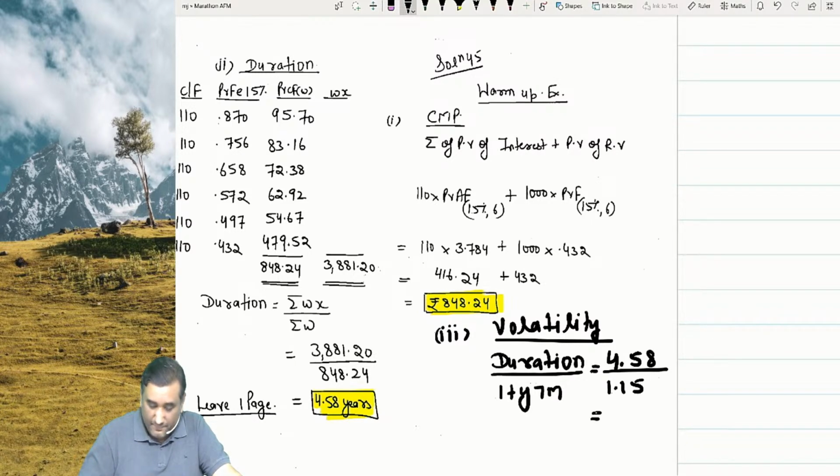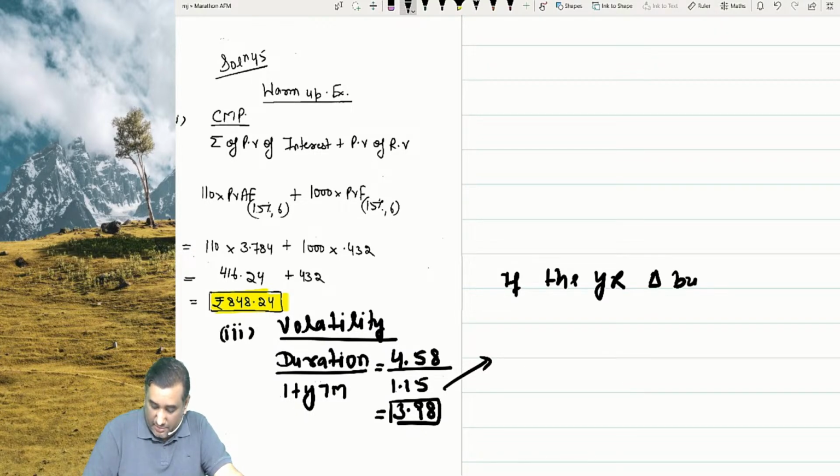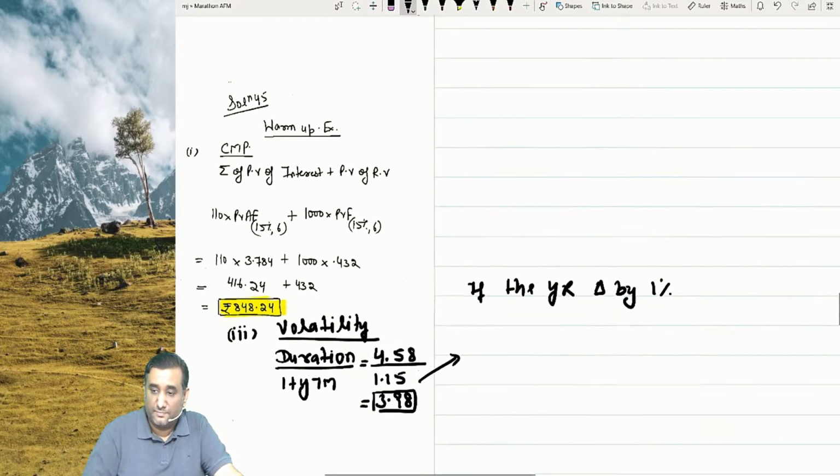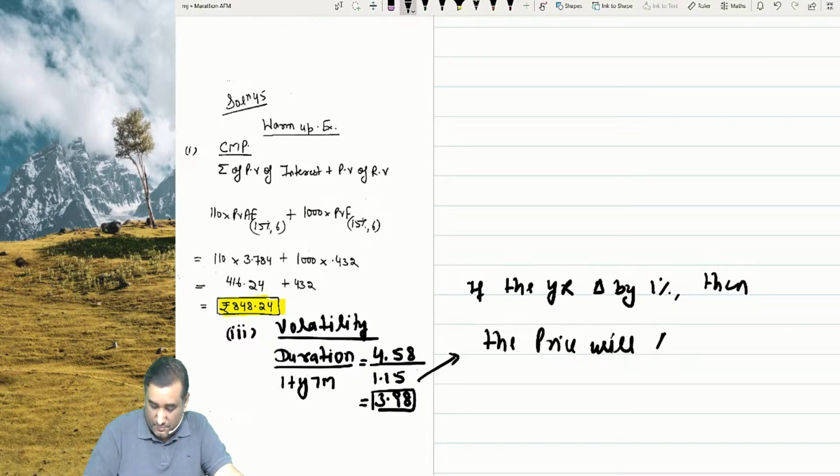How much do we get? 3.98. So how do we read 3.98? What you can put down is: if the yield rate changes by 1%, then the price will change by 3.98%, right?